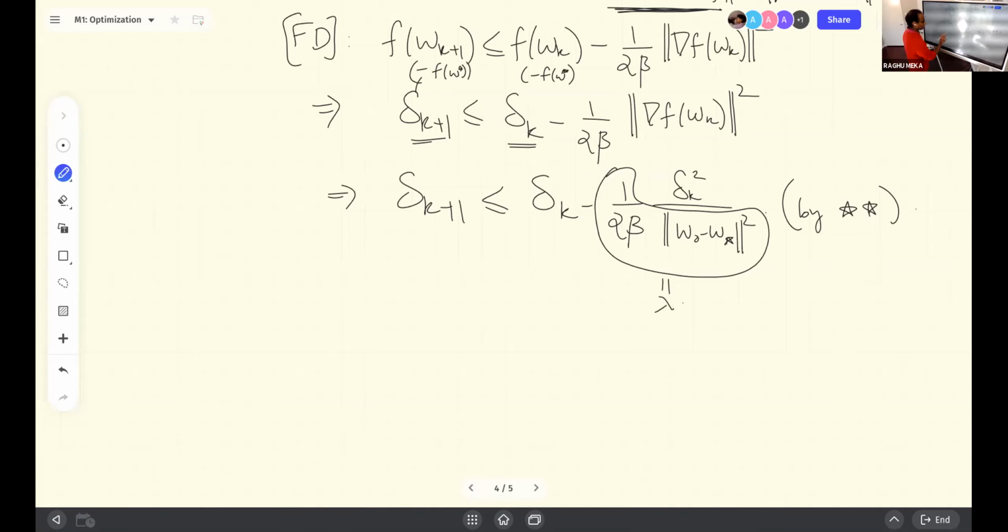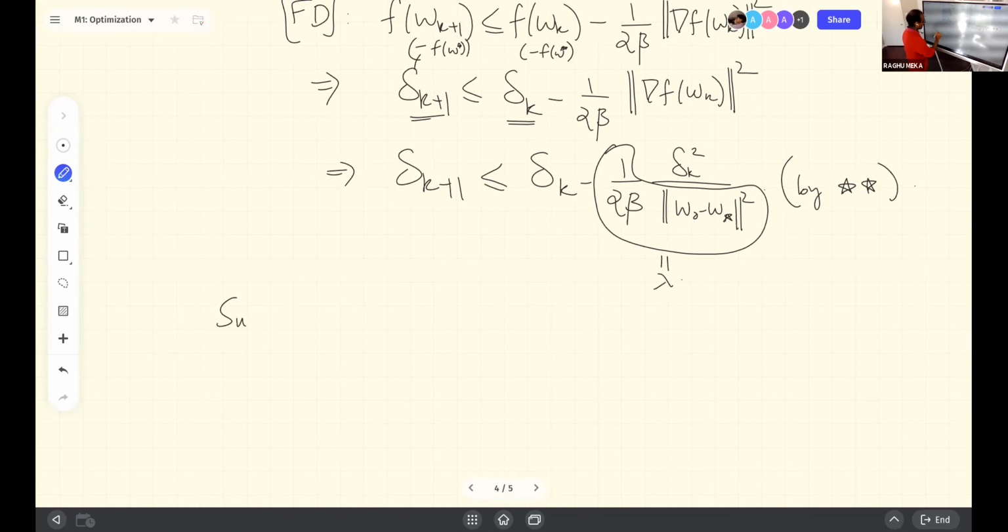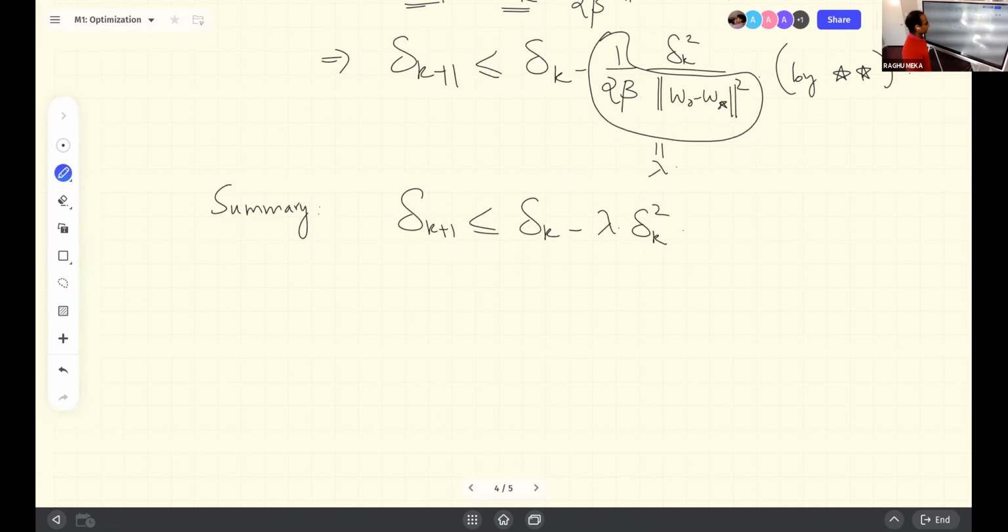So now, in summary, what do we have? We have this recurrence relation. Right? And now we do some simplifications for how to go from here to the final thing that we want.